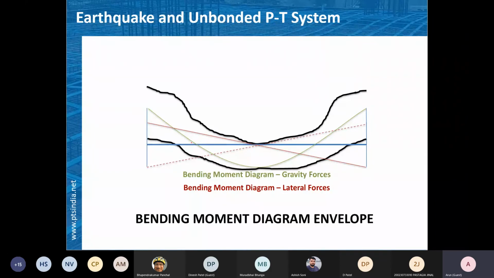That is nothing but the non-pre-stress reinforcement, or you can say HYSD or Fe415 reinforcements. So here, the gravity reinforcement is there, whether it is PT or some HYSD is also there, plus extra reinforcement is required to take care of the demands that are generated because of the lateral actions. Here, generally, there will not be any demand with respect to lateral.